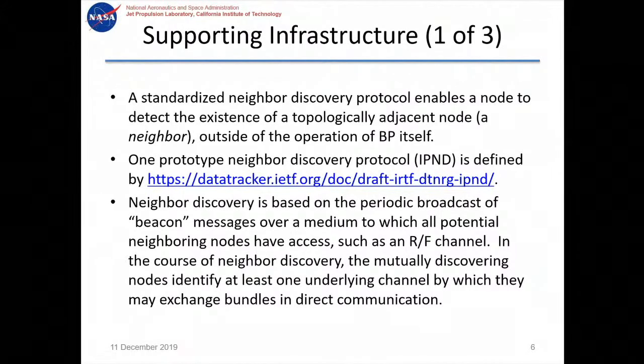Currently, there's a prototype protocol for this, IPND. There's an internet draft for it that's been out for many years. It's been implemented in a number of DTN implementations, and it's based on the periodic broadcast of beacons over UDP broadcast. But you can easily imagine using an RF system or something along those lines as an alternative to that.